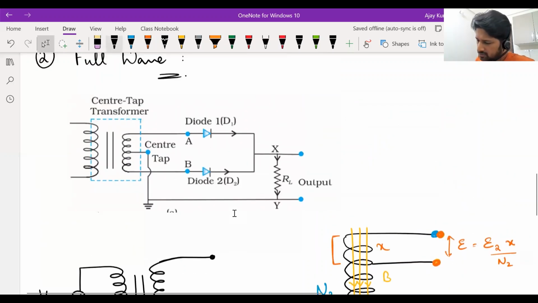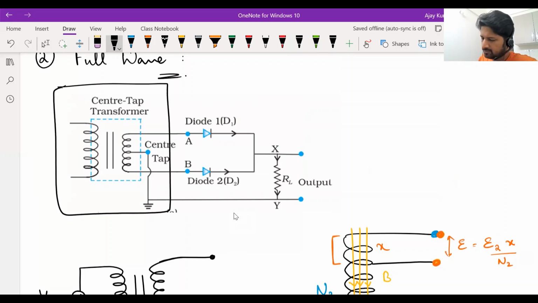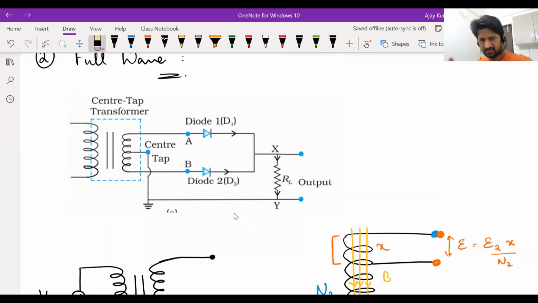Now, that is what we do here in this device called a center tap transformer. You can see that the center tap transformer on the right side, on the secondary coil, there are 3 connections. Let's mark them in orange: 1, 2, and 3.